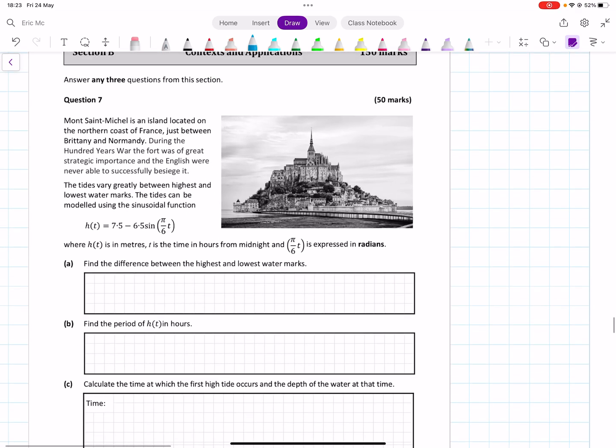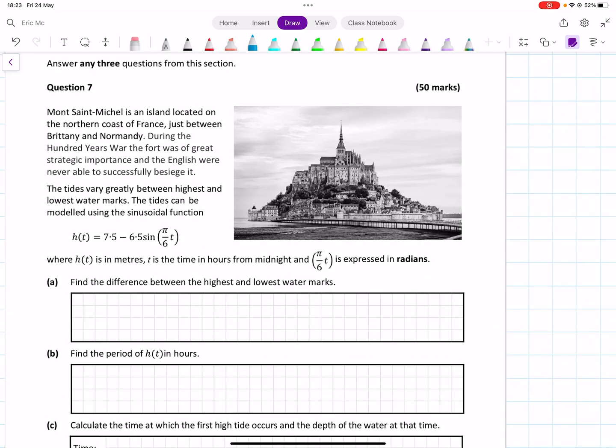Now question 7, you said you couldn't do it all, I think, so I'll keep going. Okay, so Mont Saint-Michel is an island located on the northern coast of France, just between Brittany and Normandy. During the 100 Years' War, the fort was of great strategic importance and the English were never able to successfully besiege it. The tides vary greatly between highest and lowest marks.